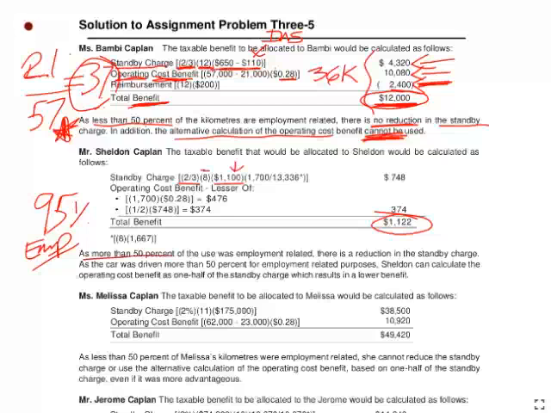Now, he is at more than 50% for employment purposes, so that means he can claim the reduction. How do we do the reduction? This right here is our calculation for that. This 1,667 is a fixed number of kilometers per month.